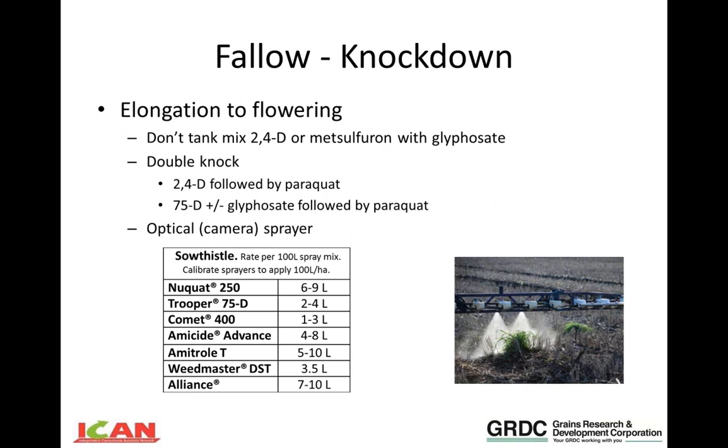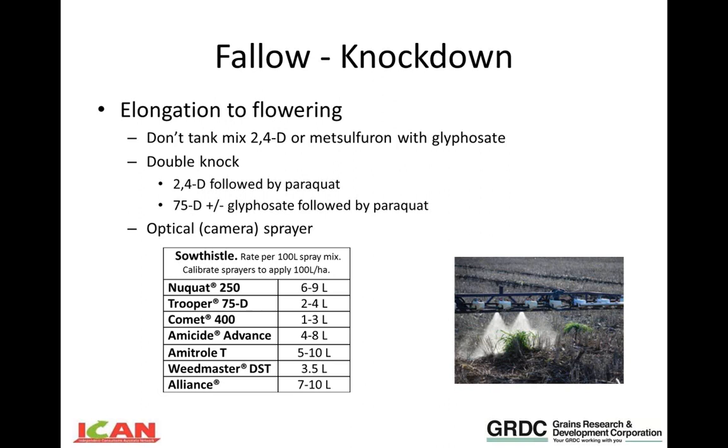Now in regards to other approaches with our knockdowns in fallow, as I mentioned, when your weeds do get bigger, it is more difficult to control them. However, there are some options. Double knock is one that I'd really like to push. We've been doing quite a bit of work on double knock across a lot of our key species, and we're looking at it now on common sowthistle as a result of the resistance that we're finding.